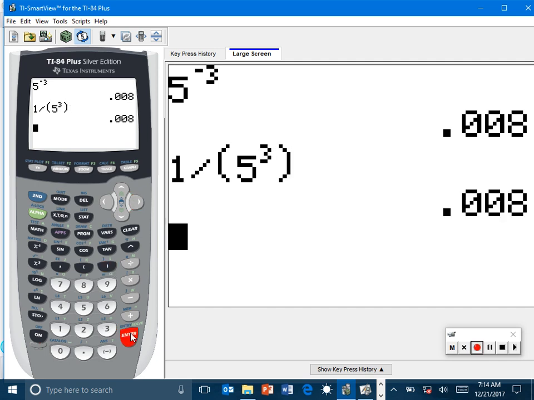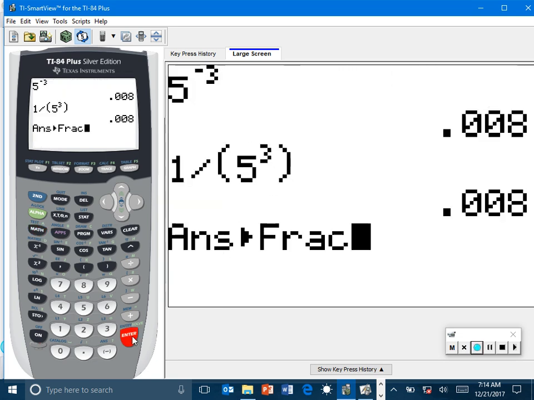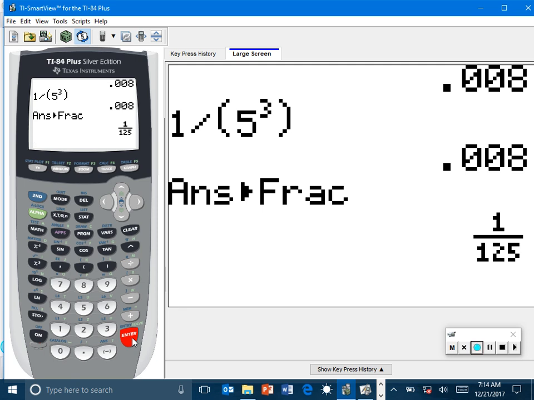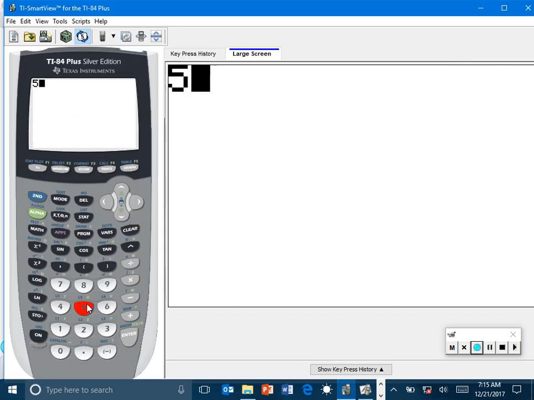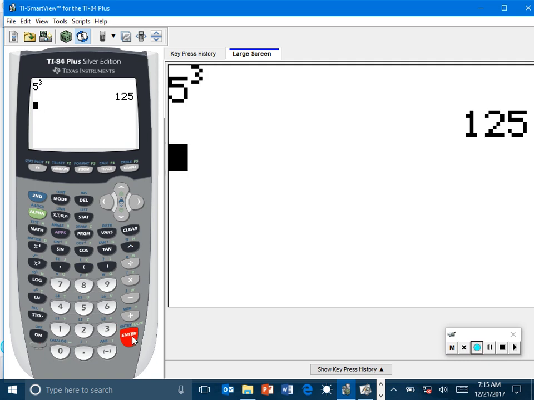You'll notice I get 0.008. If I convert that using the math fraction button, that is actually 1 over 125. Think about it, 5 to the third power is 125.